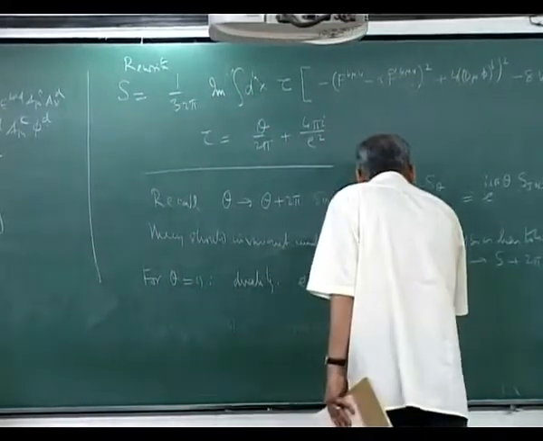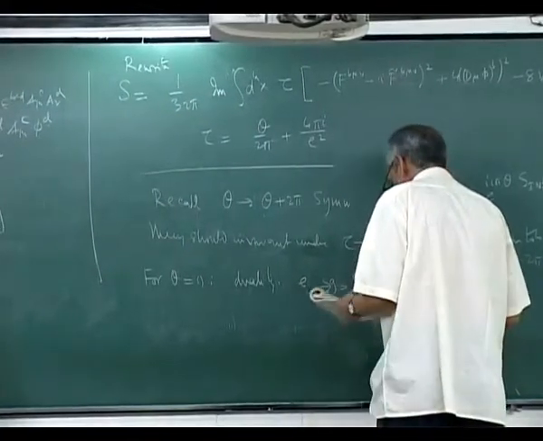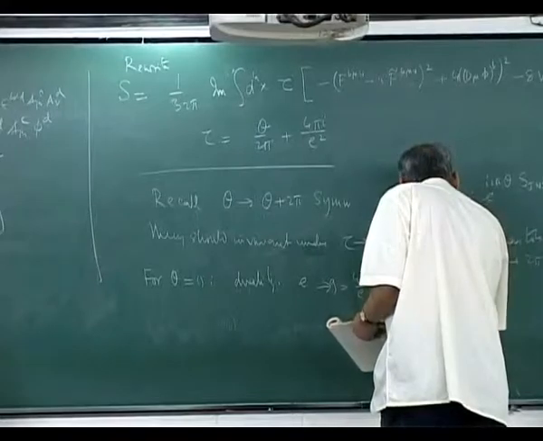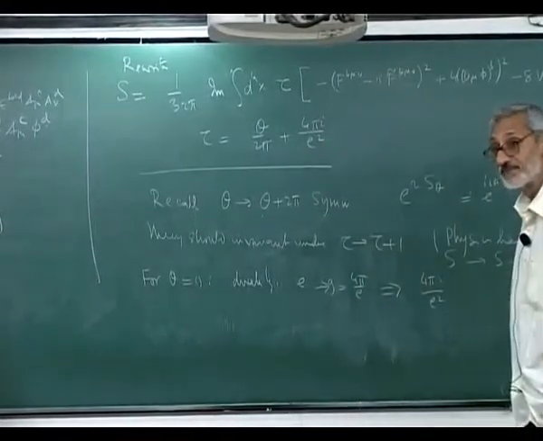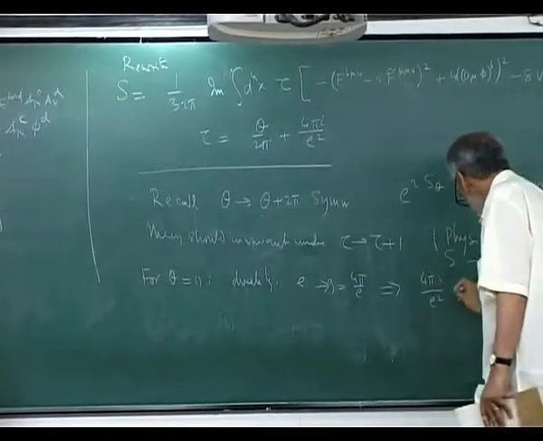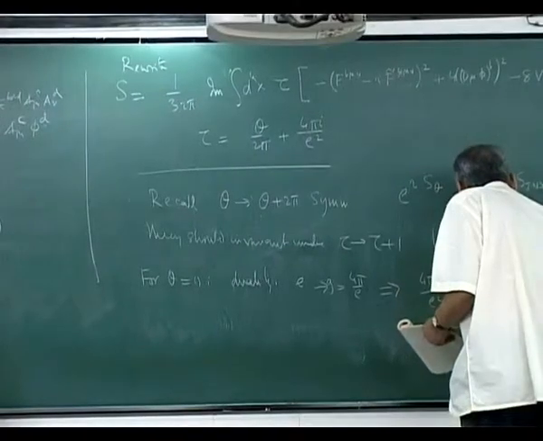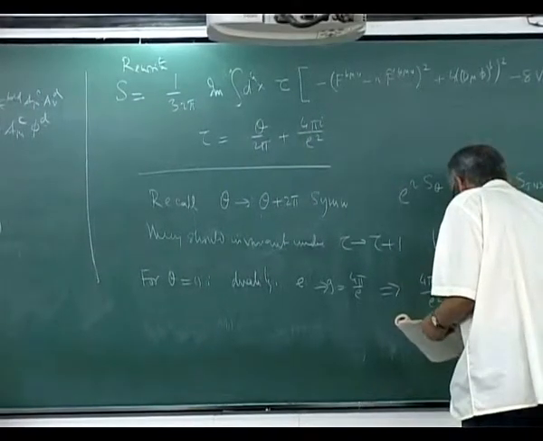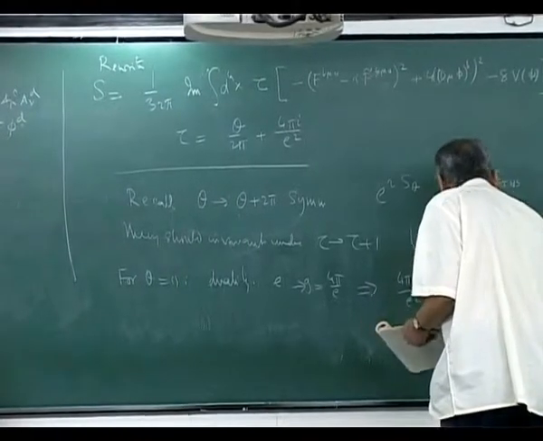Now what does this imply? This implies that if I look at 4 pi times i divided by e square, which is this combination, how does this change? This changes as 4 pi i divided by 4 pi e square.